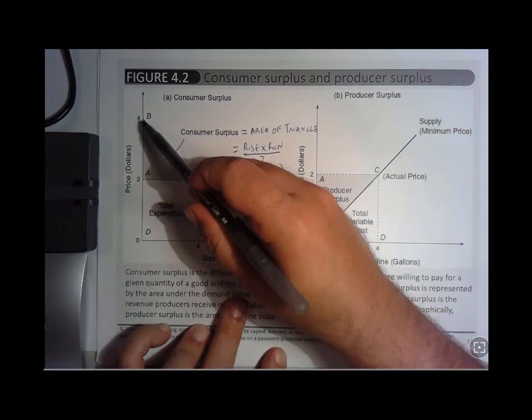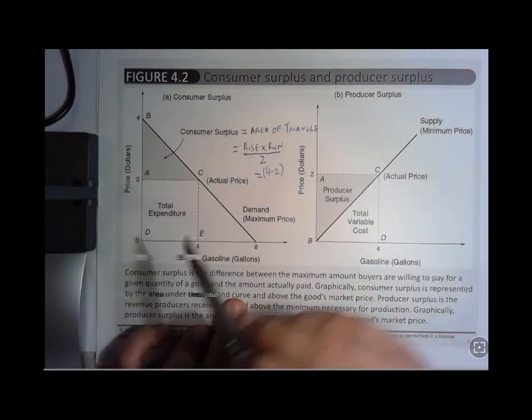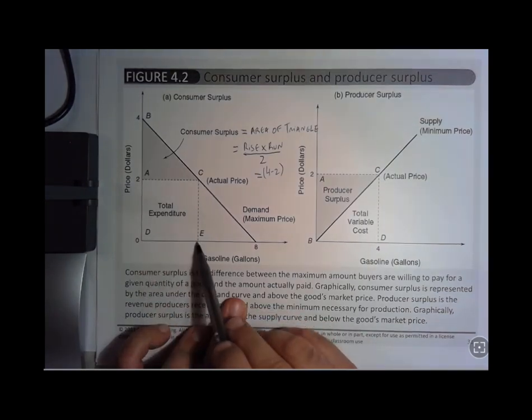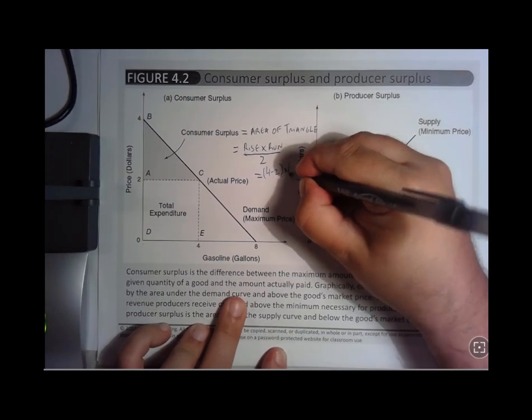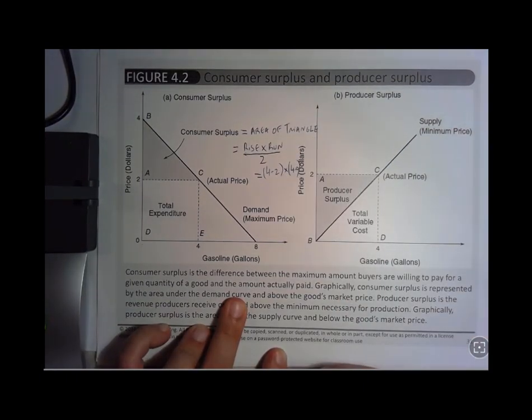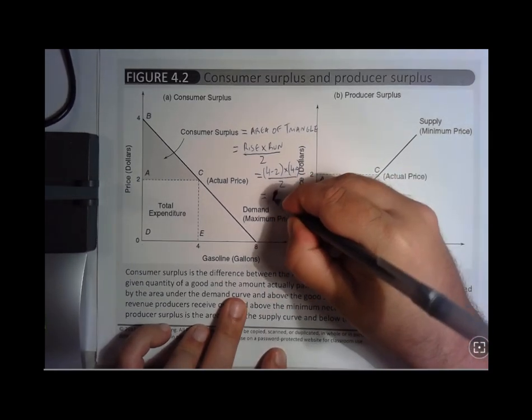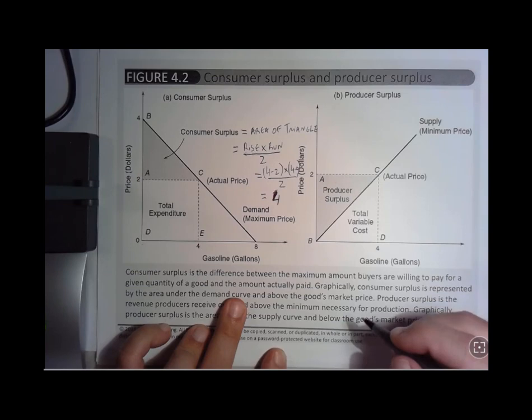The rise from here there is 2 units, $2 in this case. And the run is from 0 to 4. So times 4 minus 0, if we want to be precise, divided by 2. So this is 4. 8 divided by 2.